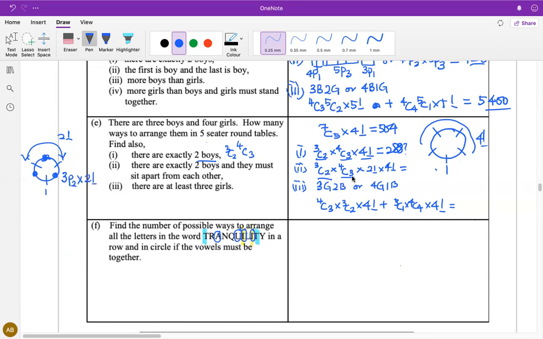So it's 3C2 times 4C3 times 2 factorial times 3P2. Okay, sit apart. Therefore, this one I cannot use 4 factorial, but I have to use 3P2. Okay.